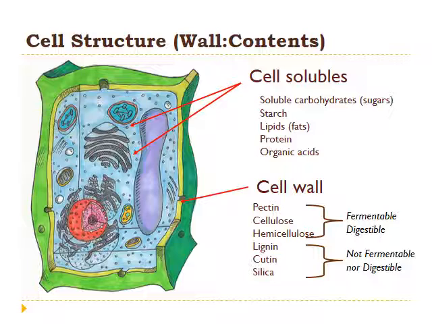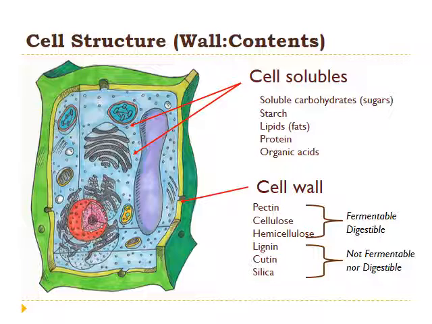Okay, outside the shell of that is the cell wall. Cell wall is made up of several fermentable or digestible components such as pectin, cellulose, and hemicellulose. Remember, these are compounds that we non-ruminants have a difficult time digesting, but ruminants and hindgut fermenters like horses and pigs to some degree, and rodents, both those ruminants and non-ruminants have a relationship with microbes in their gut, and it's the microbes that actually break down that cellulose and hemicellulose and pectin.